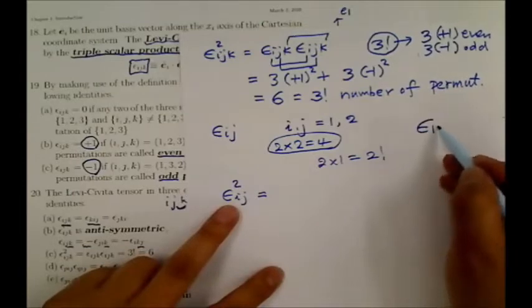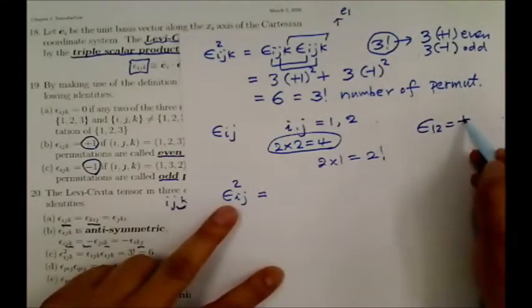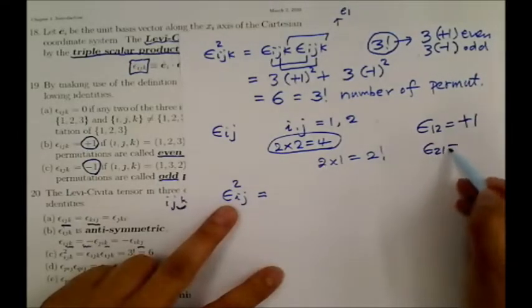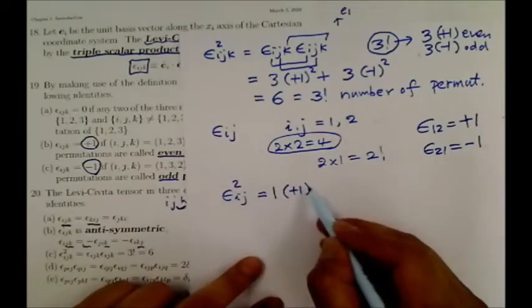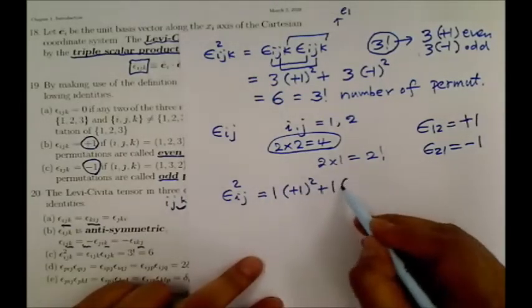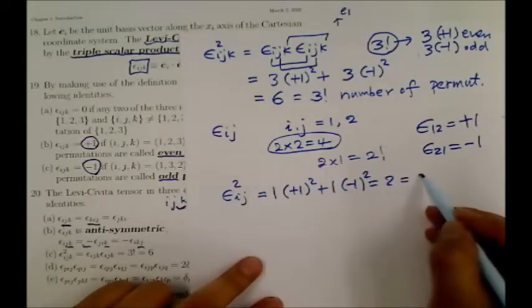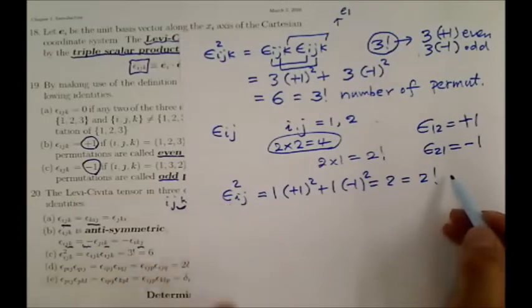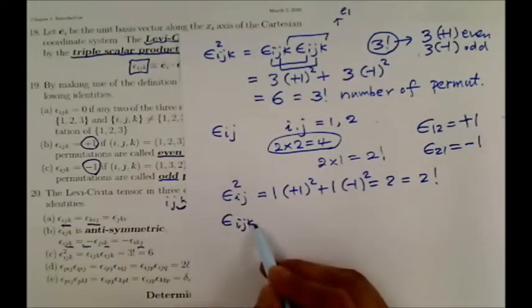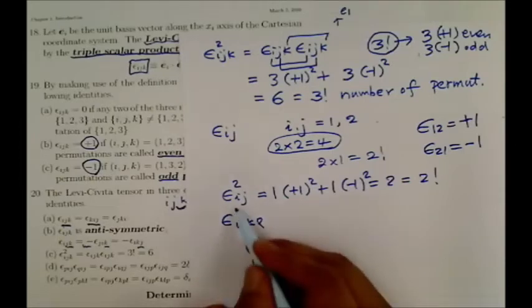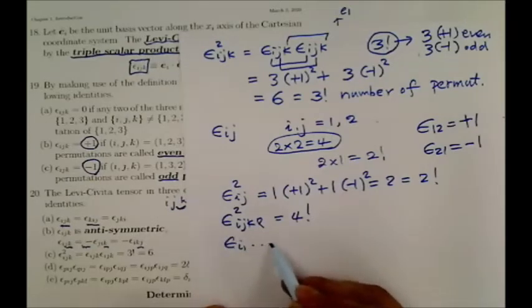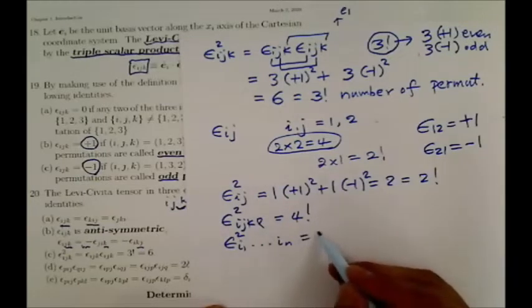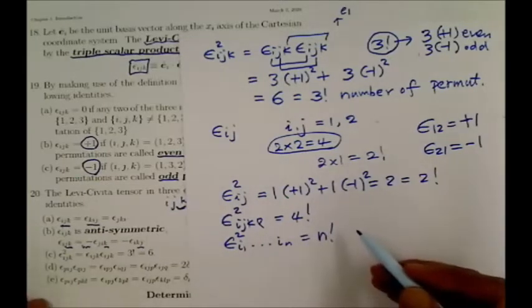I have epsilon 1, 2 as plus 1, an even permutation, and epsilon 2, 1 as minus 1, an odd permutation. So plus 1 squared, a single case, plus minus 1 squared, gives 2. 2 factorial is the number of permutations. In a similar manner, if I have i, j, k, l, 4 indices, squared, the answer is 4 factorial. If I have i1 to in squared, the number of permutations for n different numbers will be n factorial. Okay, that's it for today.